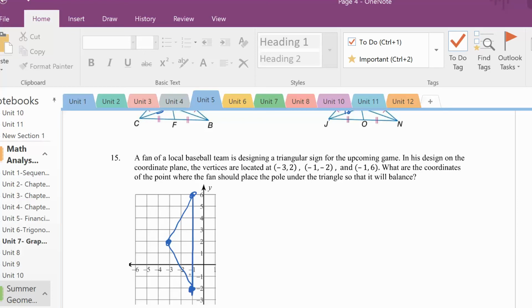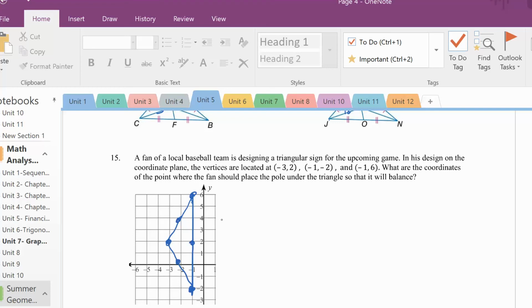What are the coordinates of the point where the fan should place the pole under the triangle so that it will balance? So basically you want to find the centroid. So if we look, remember the centroid is going to connect the midpoint here and the midpoint there.